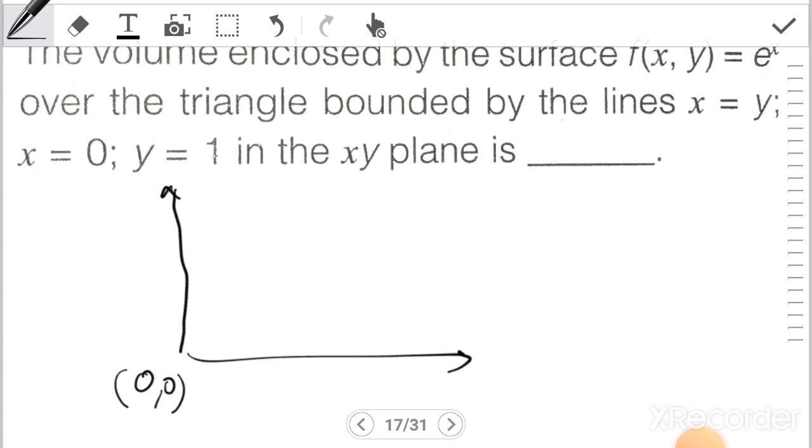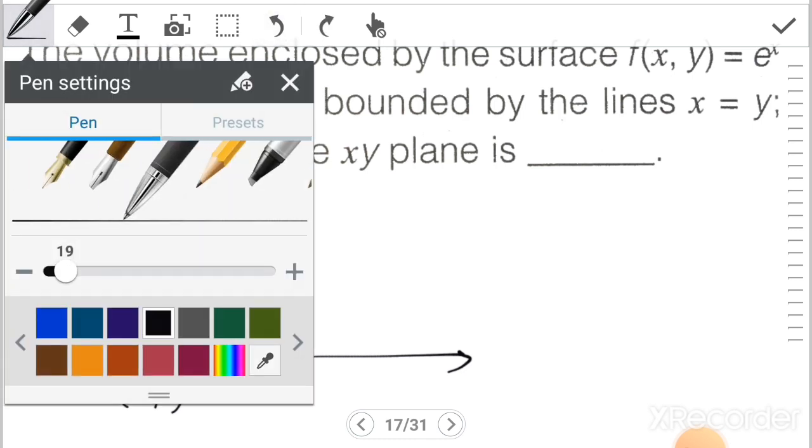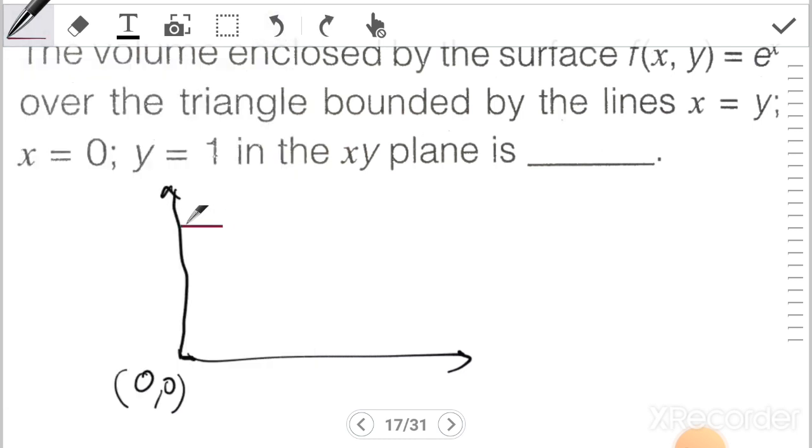So x is equal to 0 is the y axis itself. So let us change the color. This is x is equal to 0, y is equal to 1, and y is equal to x.